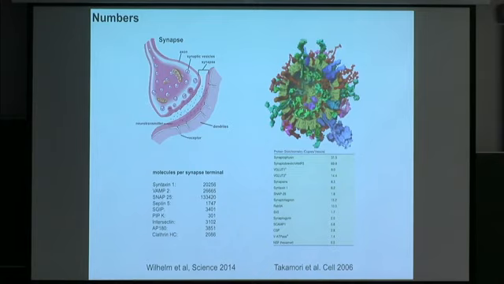Of course, these have big error bars, but these are counts from experimental studies of proteins in the synapse and in the vesicle, and you see that basically if we want to simulate things on this scale, we have to deal with tens to maybe tens of thousands, but usually thousands of copies of molecules. So this is quite a bit, but if you're used to something like molecular dynamics simulations, that's not shocking.